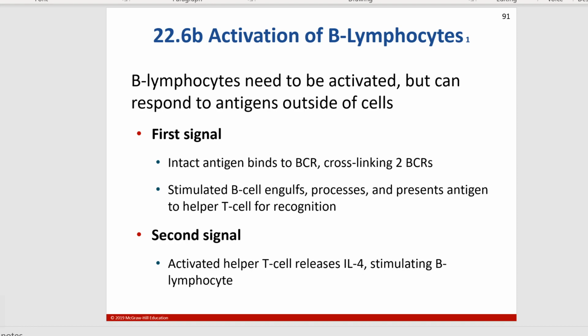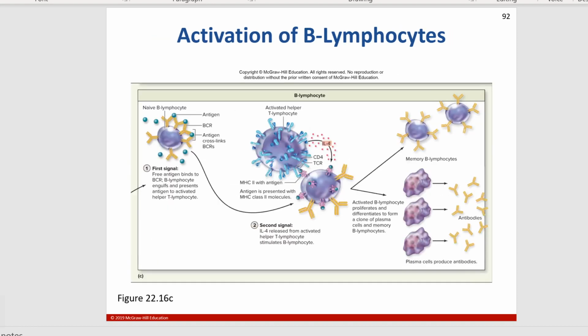They're phagocytic cells and they engulf things and present those particles, just like the other antigen presenting cells, to the T cells to try to activate them. And when they find one, they do activate them, and they activate the B cell as well.